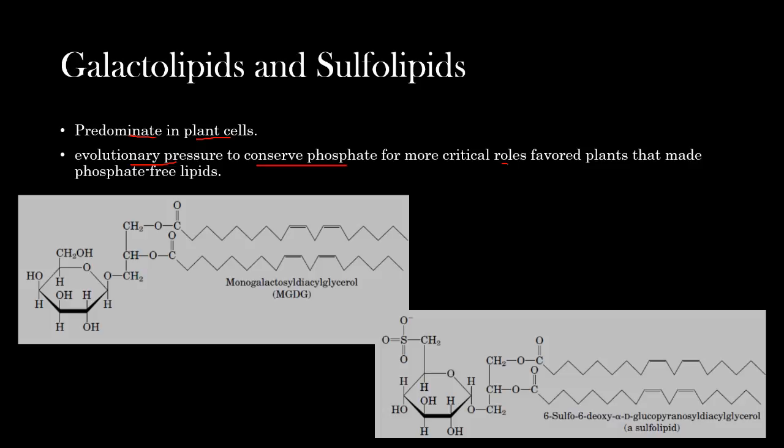Here in this structure we can see on the third carbon, instead of phosphate, we have a sugar group. This is a galactose, so this is called monogalactosyl diacylglycerol, and here along with the sugar group we have a sulfate group. This is called sulfolipid.